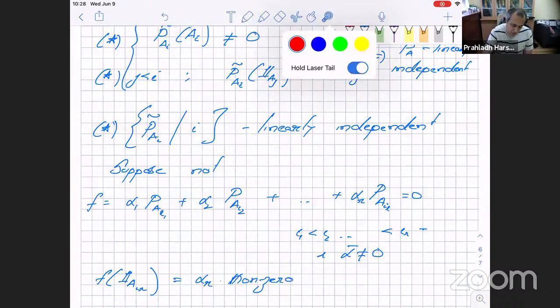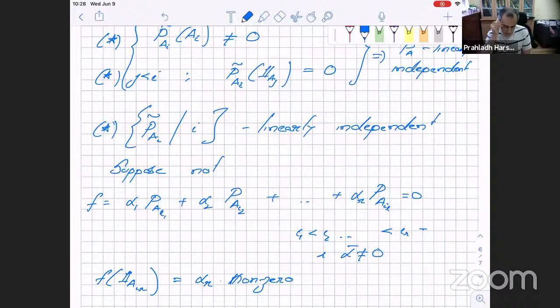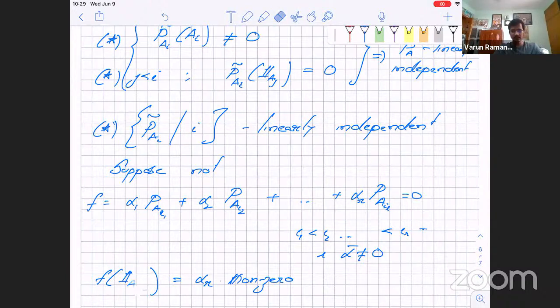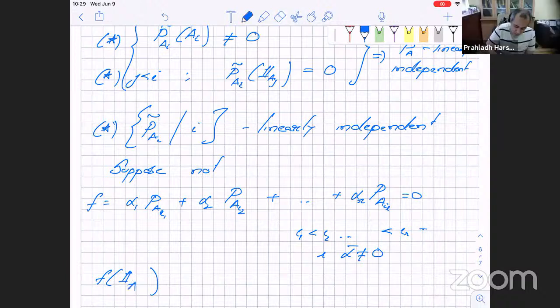Sorry, this is not what I want to write. What do I want to write? Should I put the lower ones first, the upper ones first? Sorry, let's not do this. So I guess here we can say then P of A_ir.